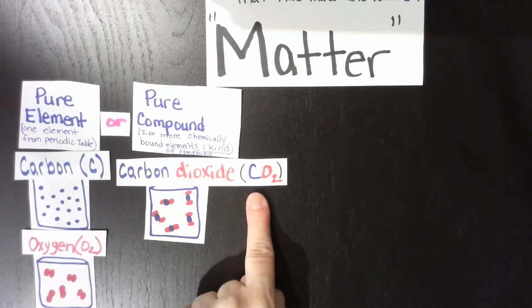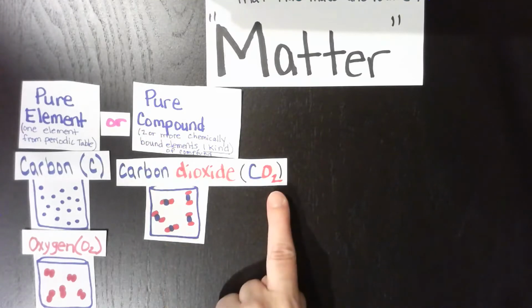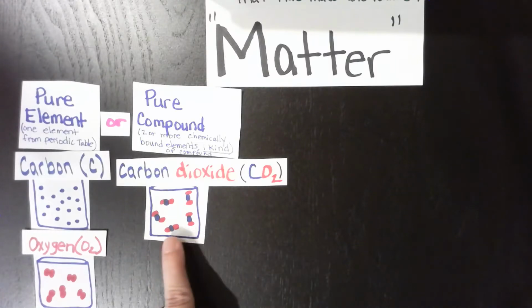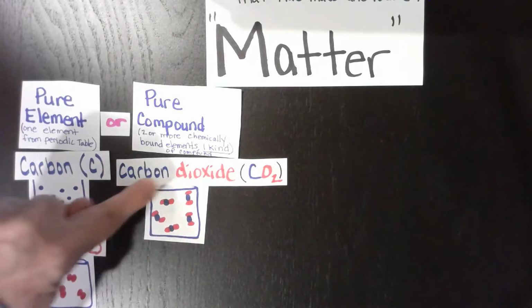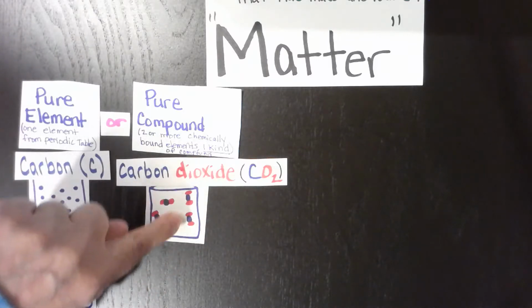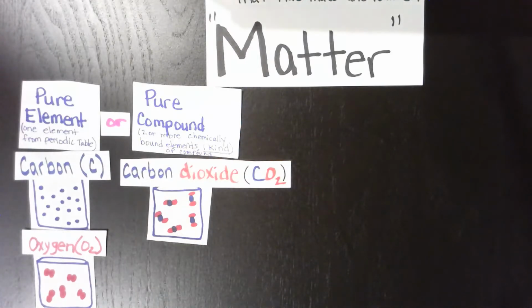The C in blue is to show you the blue atoms here. That's the carbon. And then for every one carbon, we have twice as much oxygen. So here are your two red colored oxygen models for my example. And every single one of these compounds, here's a compound, here's a compound, here's a compound, here's a compound, are all the same. They are carbon dioxide. There are no other types of compounds inside of our sample.